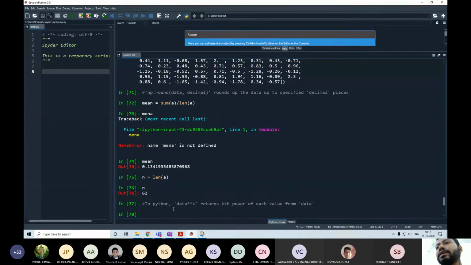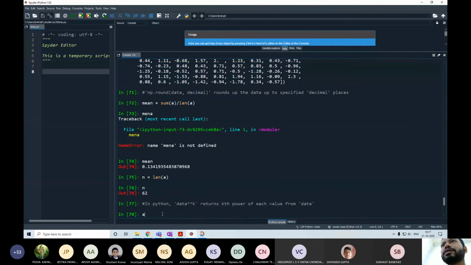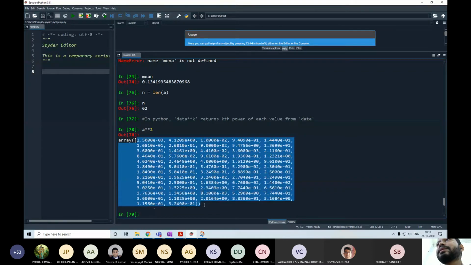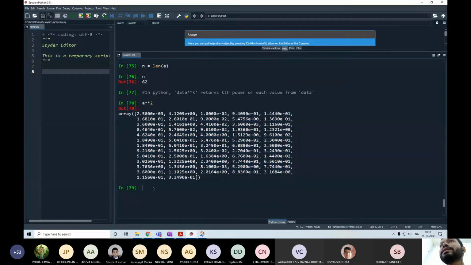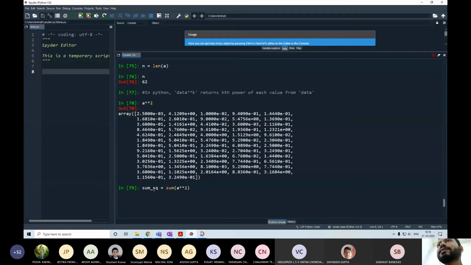So for example, A is my data set. If I do A star star 2, I'm going to get the squares of each value. Let's just do the sum square. Sum square is equal to the sum of the squares of each entry. So that's the answer for the sum of the squares, right?